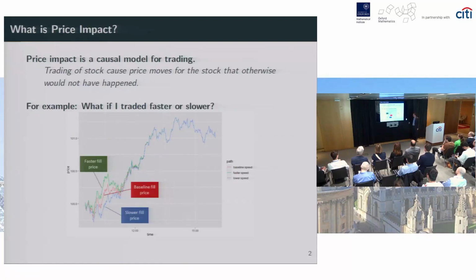But if I use a price impact model, then I will get different answers. If I try to trade faster, the market will react by pushing up the price. This is a scenario where I'm buying. If I choose to trade slower, then I will have a lesser reaction from the market, so I would in this case get this blue line there. And eventually all these things revert back as I stop trading.